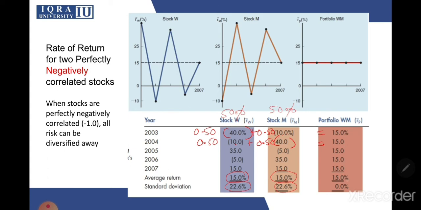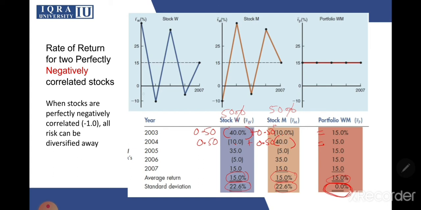So the average return is still 15%, but the standard deviation over here is 0, which means if you invest 50% of your amount in stock W and 50% of your amount in stock M, you can actually create a riskless portfolio, because whatever the situation, it will always give you a return of 15%.